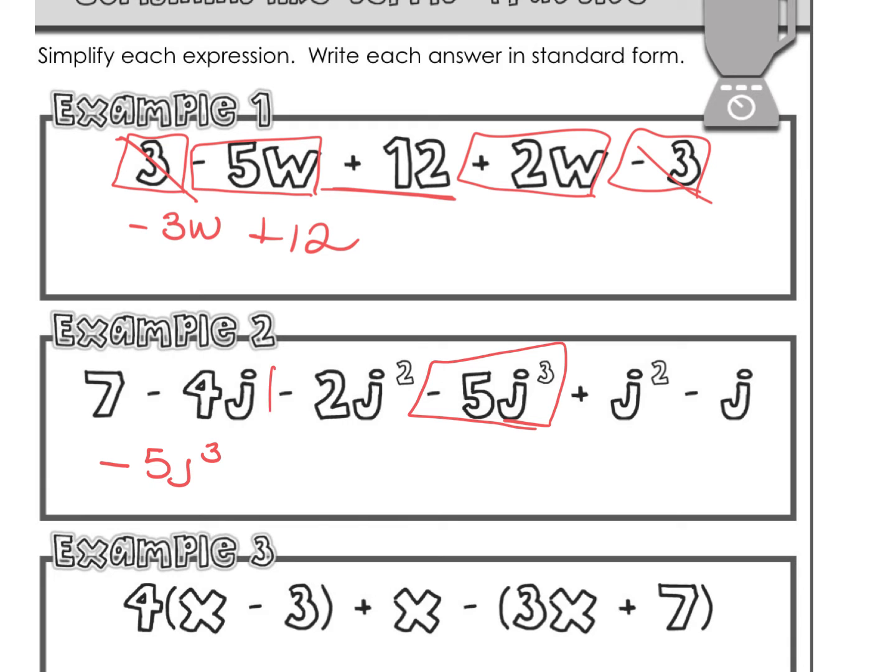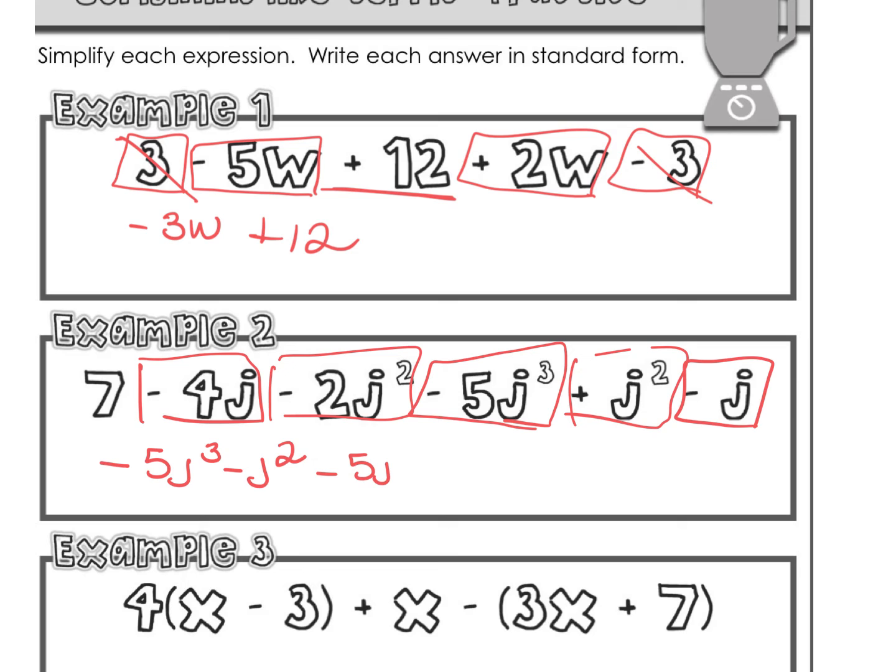Then we're going to combine our squared terms, negative 2j squared plus j squared plus j squared, and that's going to be negative j squared. Then we have just our j terms, which would be negative 4j and negative 1j. Together they make negative 5j, and then we have 7 as our constant.